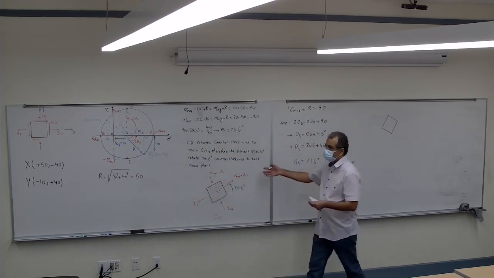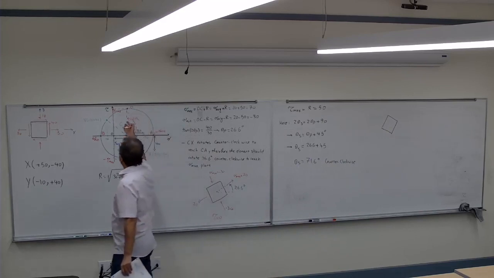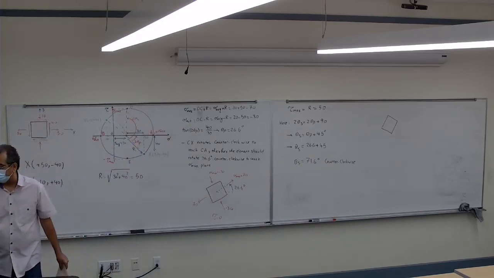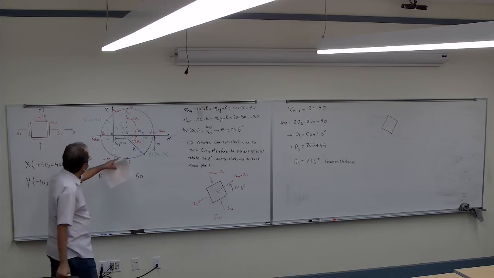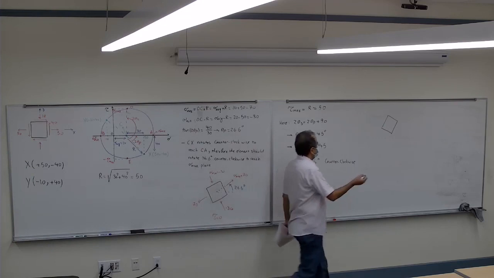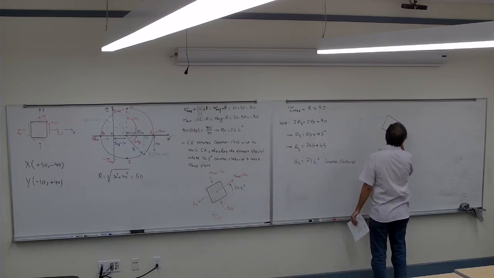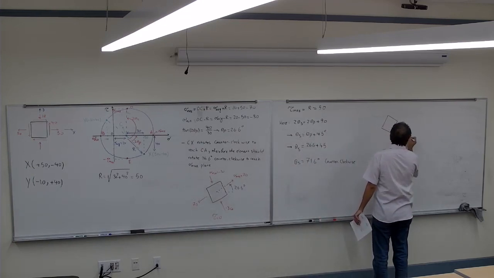And then what would the sigma be when I have the tau max and tau min? Sigma average. It's going to be 20, on all faces. So sigma average of 20.